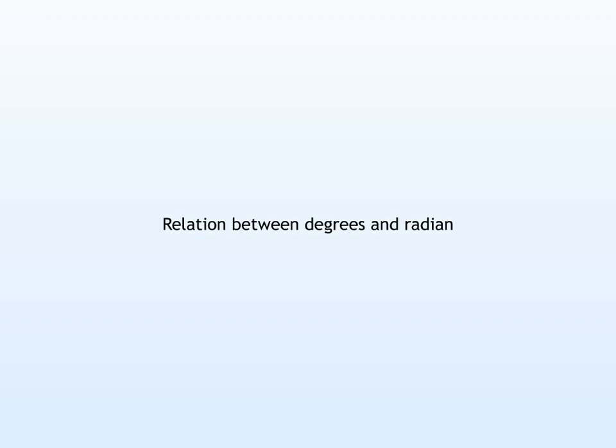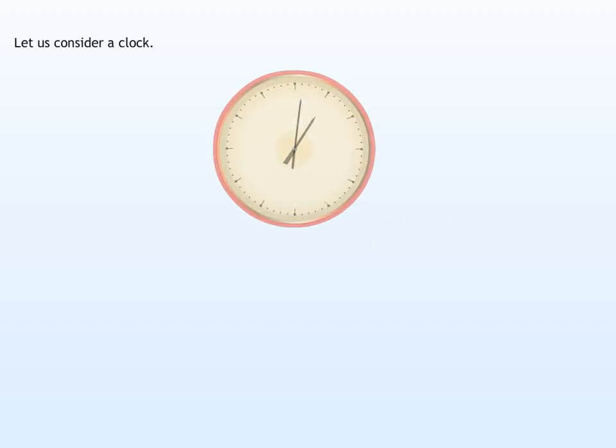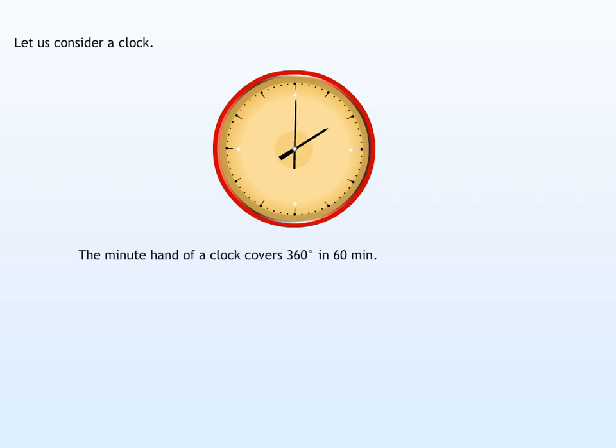Relation between degrees and radian. Let us consider a clock. The minute hand of a clock covers 360 degrees in 60 minutes.